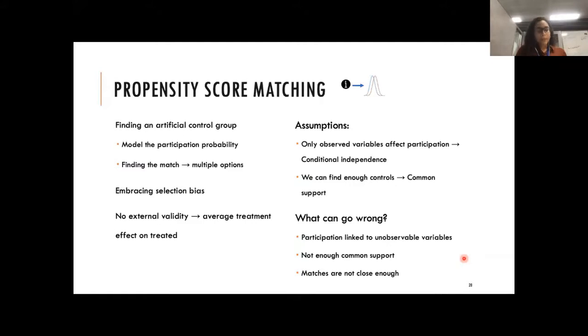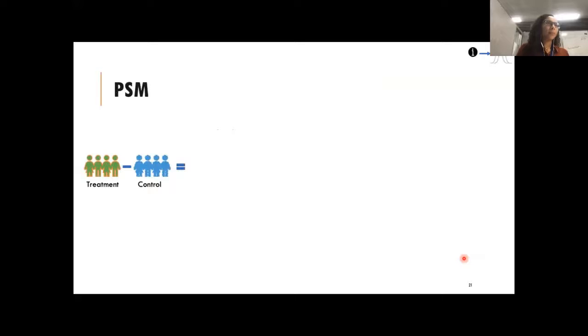And even if I match this treated person with one in the control group, maybe they are not similar enough. So one had a probability of participating of 80%, and the other one had a probability of 1%.